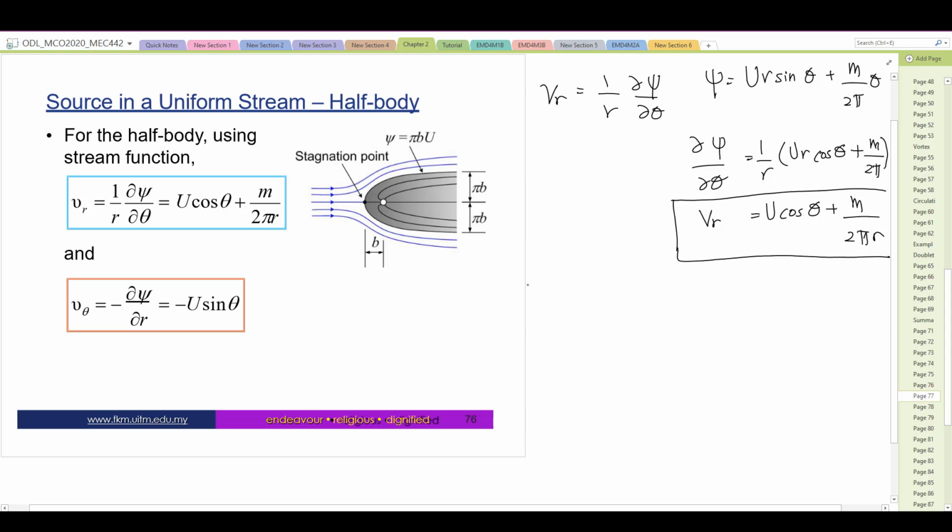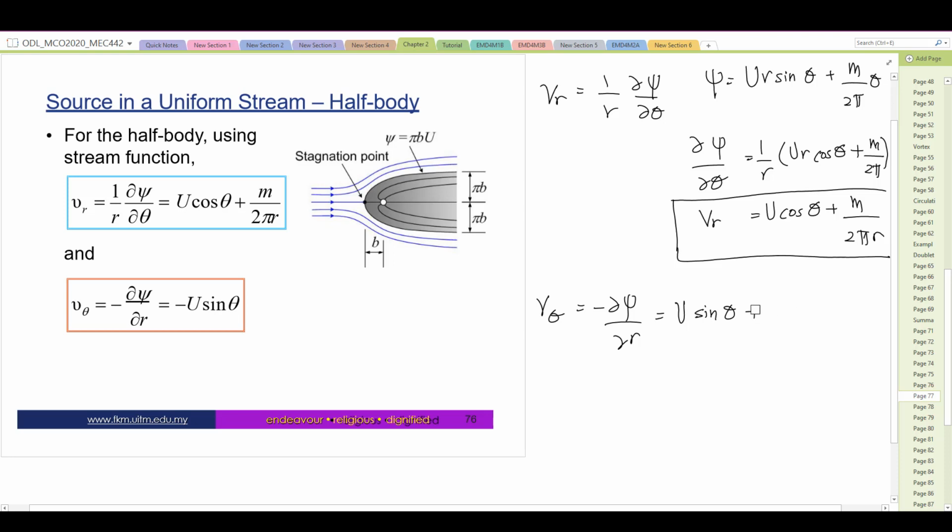And then for the tangential velocity, V theta equals negative d psi over d r. Differentiating U r sine theta, you get U sine theta, and m over 2 pi theta differentiated with respect to r is 0.